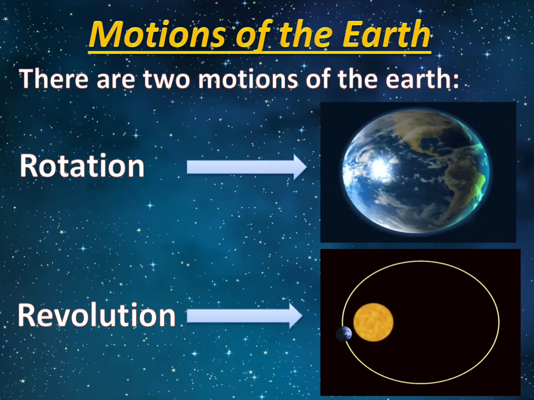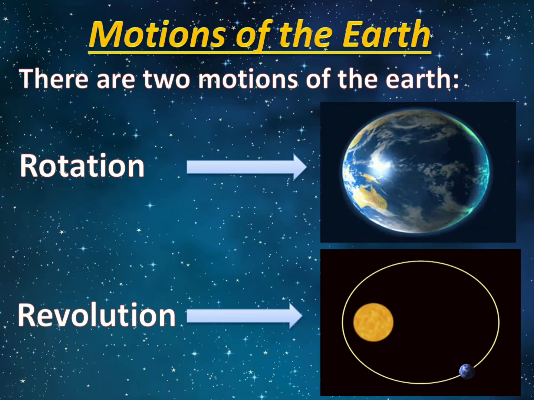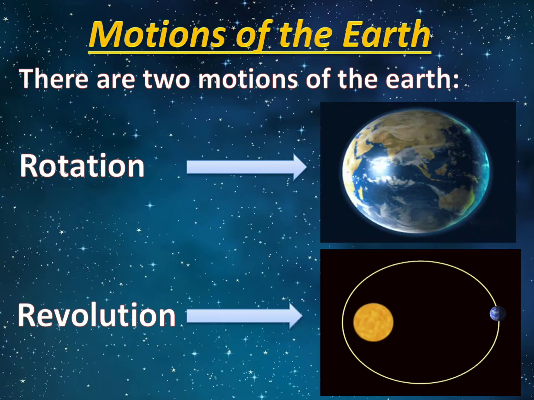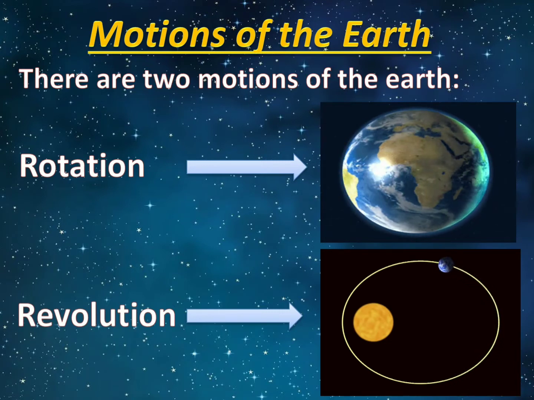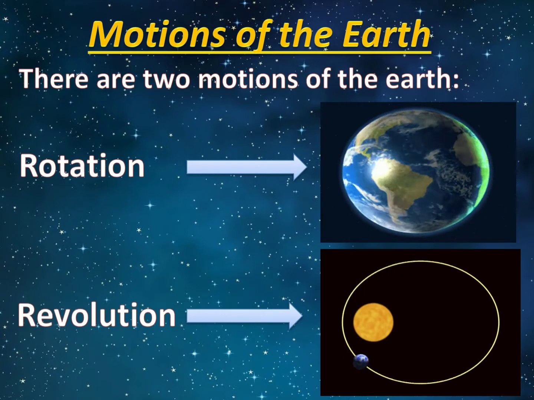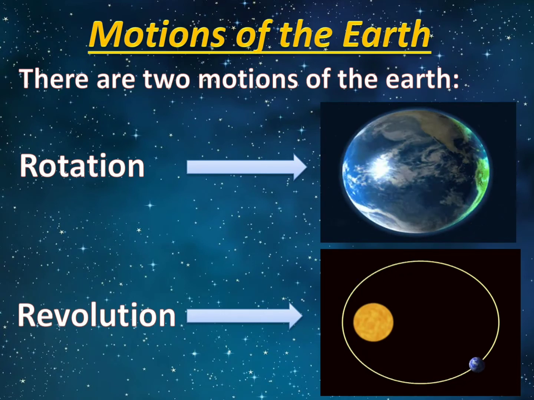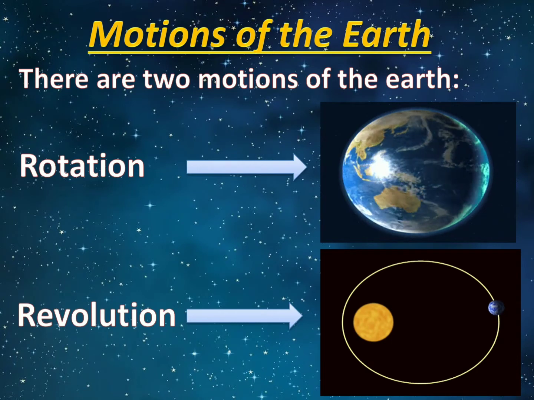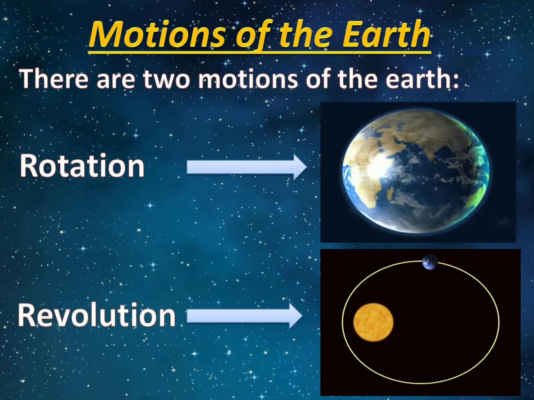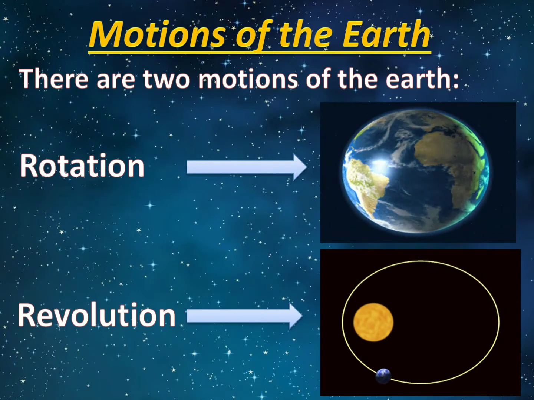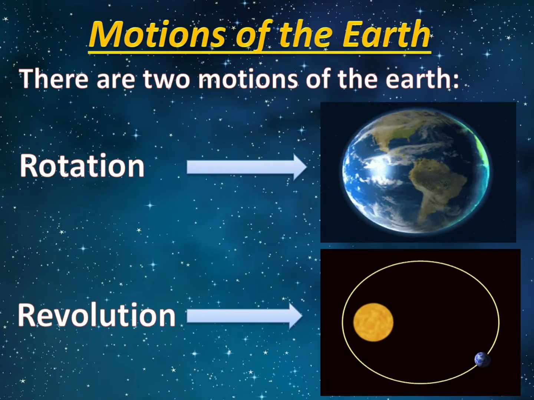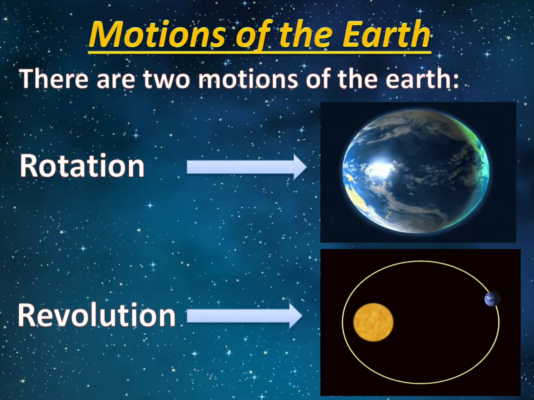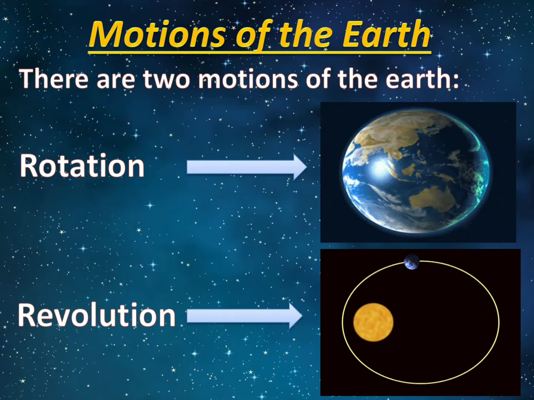The Earth is in motion and there are two motions of the Earth. Number 1, rotation, and number 2, revolution. What is the first one? Rotation, and second, revolution. Now let's see each of these motions in detail.